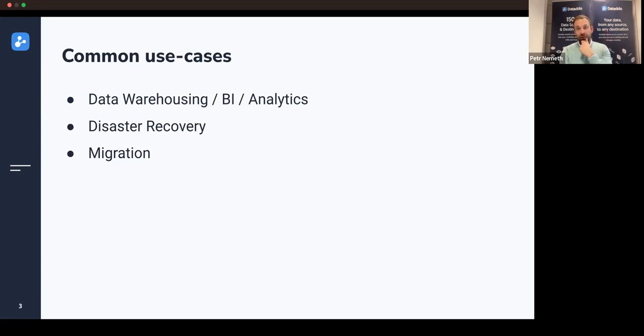We are talking about large volumes. We are talking about the fact that what you would like to capture is not to replicate all the data, but indeed to replicate only the data that has changed.